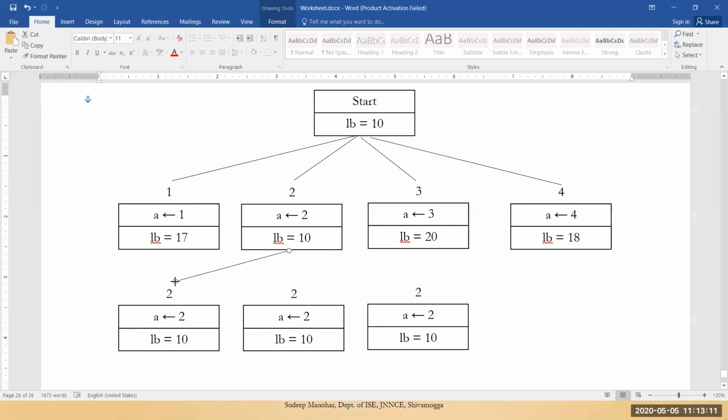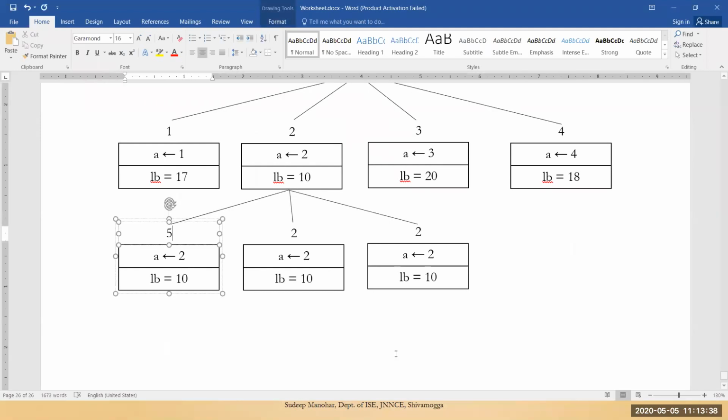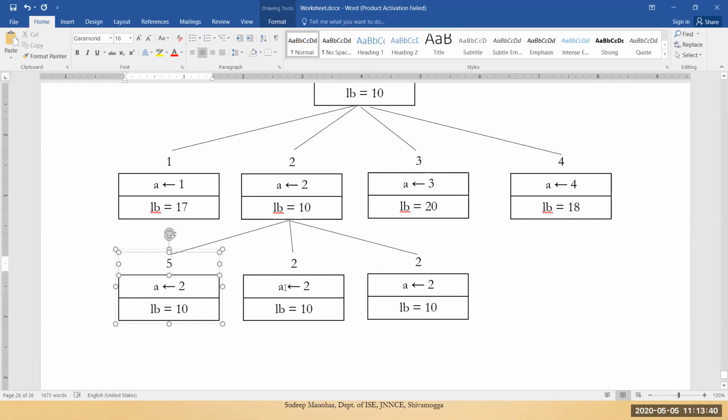This is from node number 2. So we will give the node numbers. It is 5, this is 6, and this is 7.